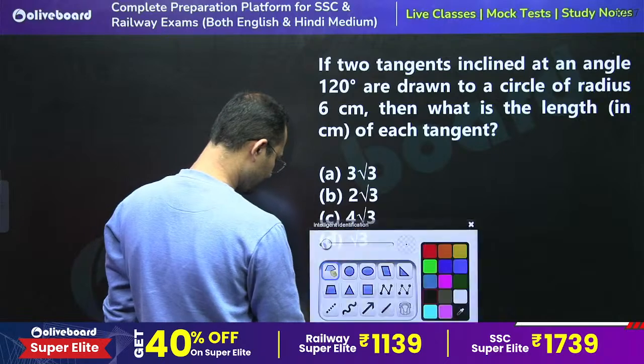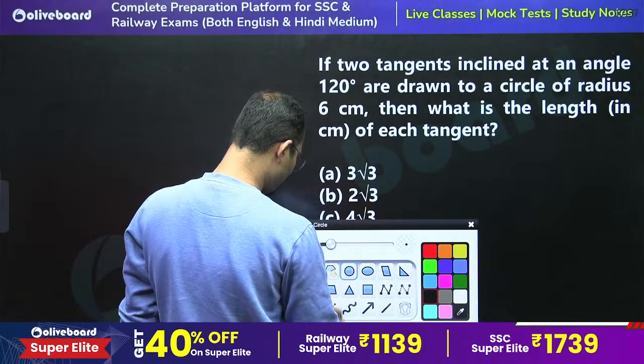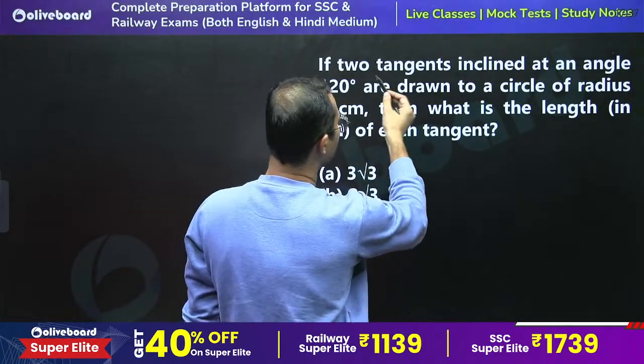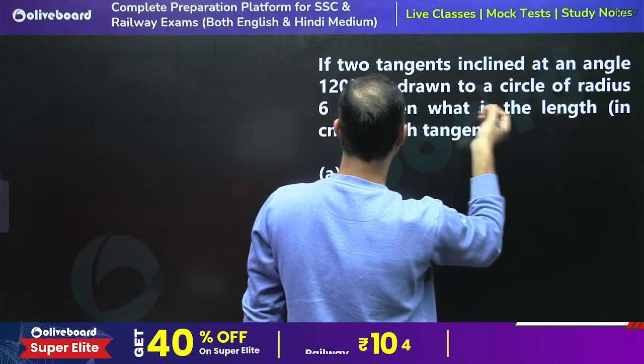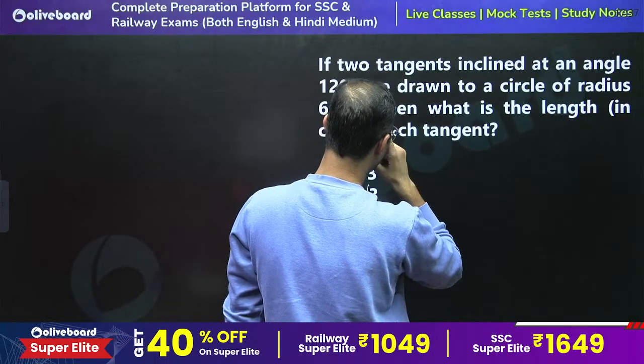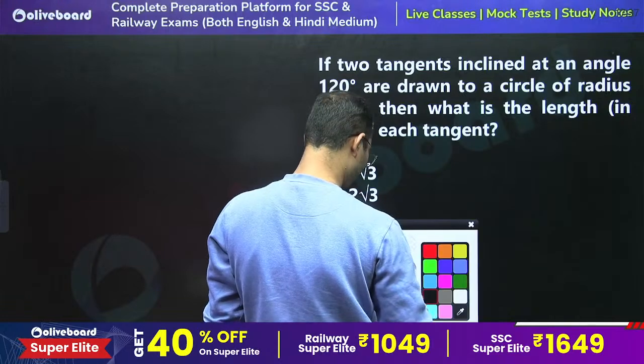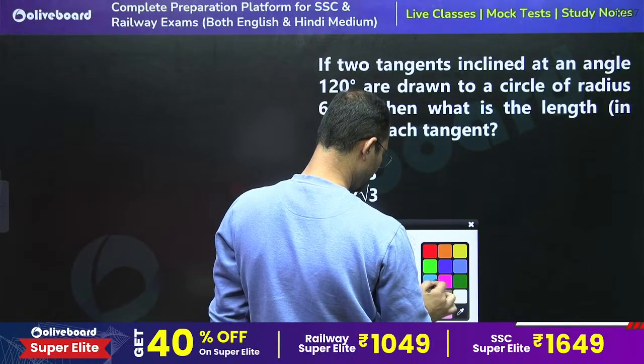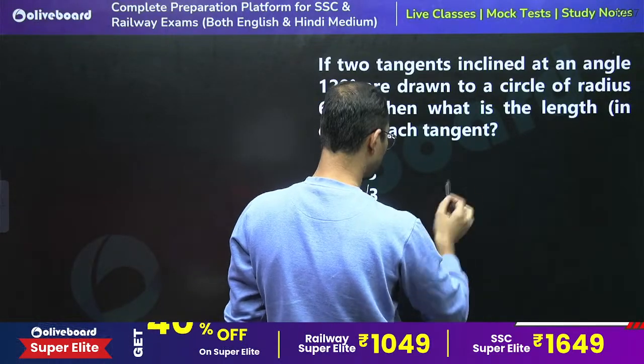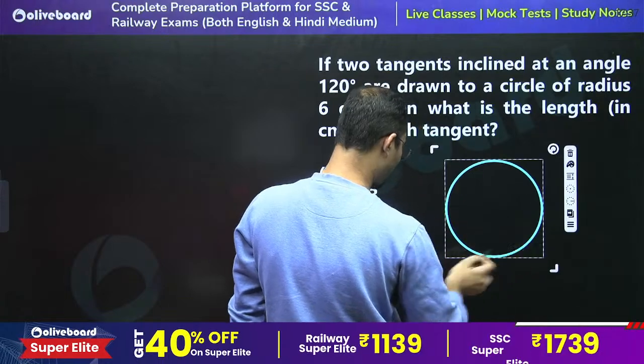See, here the question is saying two tangents inclined at an angle of 120 degree are drawn to a circle. This is a circle.